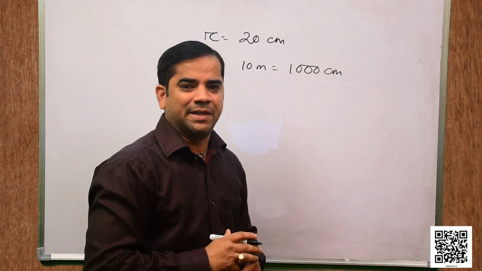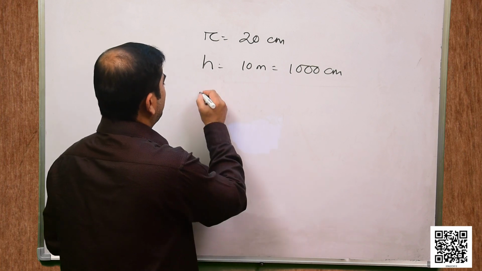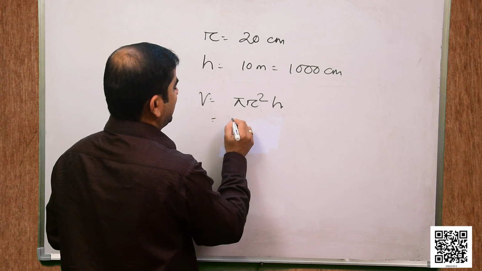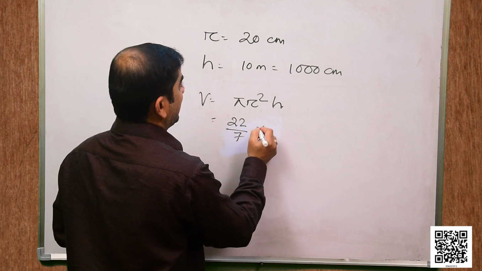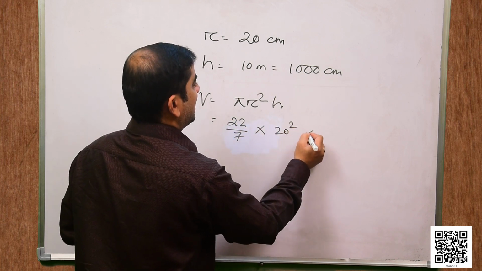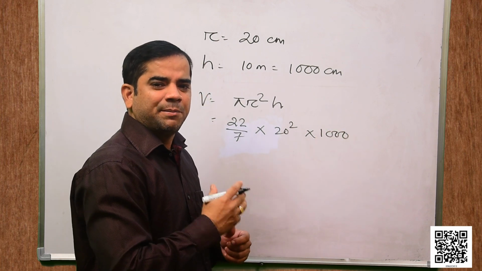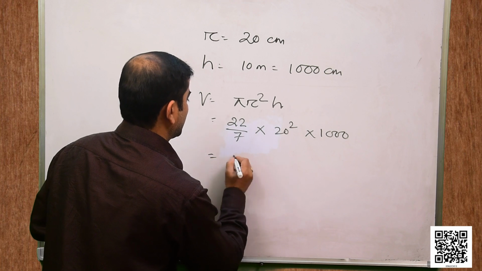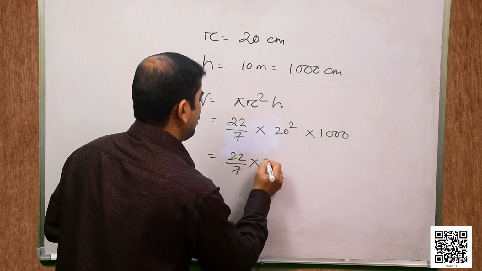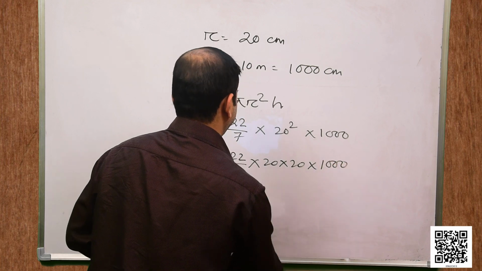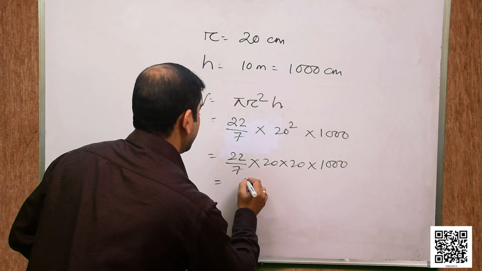Okay. So, the given data is radius is equal to 20 centimeter, fine, and height is 10 meter, that is 1000 centimeter. Okay. So, what is the volume? Volume is equal to pi r square h, that is 22 by 7 into 20 square into 1000. Okay. That gives us 22 by 7 into 20 into 20 into 1000.